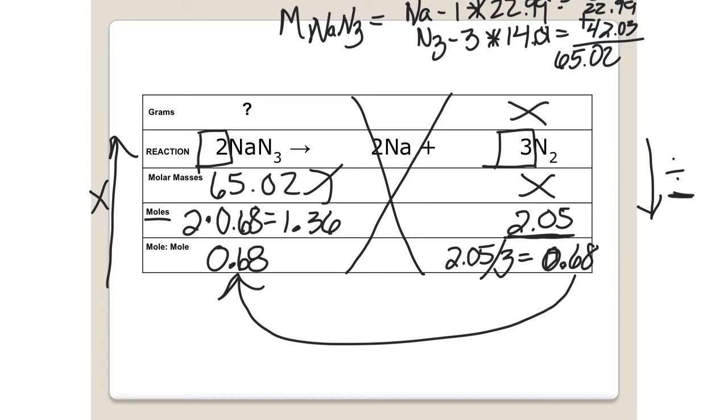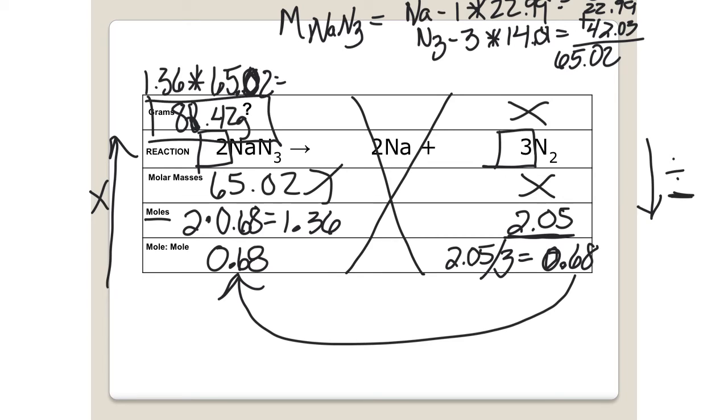And so then lastly, to get my mass, I'm going up, so I'm multiplying. So I'm taking 1.36 times my molar mass, which was 65.02. Sorry, that should be a 0, not an 8. And if I plug and chug that out and round to the 100th spot, I should get 88.42 grams.